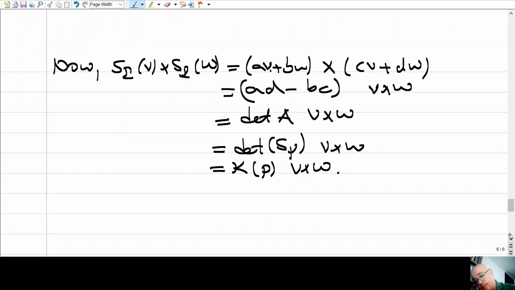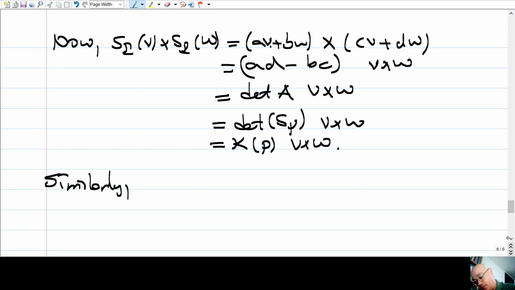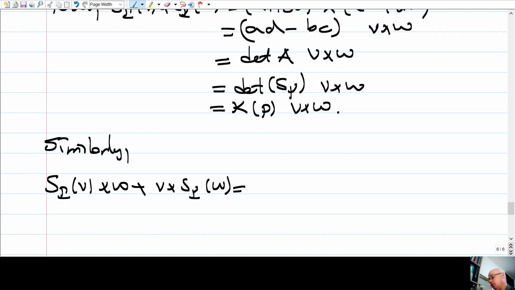Okay. Similarly, the other expression, which was SPV cross W plus V cross SPW this time, is what?